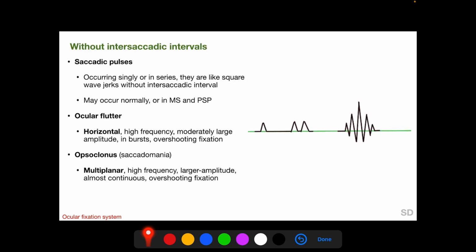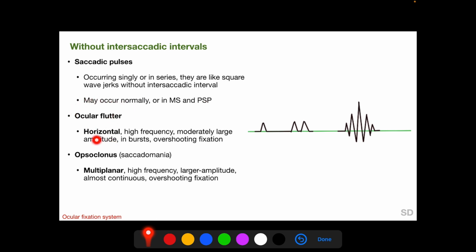Saccadic intrusions without intersaccadic intervals consist of saccadic pulses, ocular flutter and opsoclonus. Saccadic pulses occur singly or in series, and they are like square wave jerks but without intersaccadic intervals. They may occur normally or may be found in conditions such as multiple sclerosis and progressive supranuclear palsy.